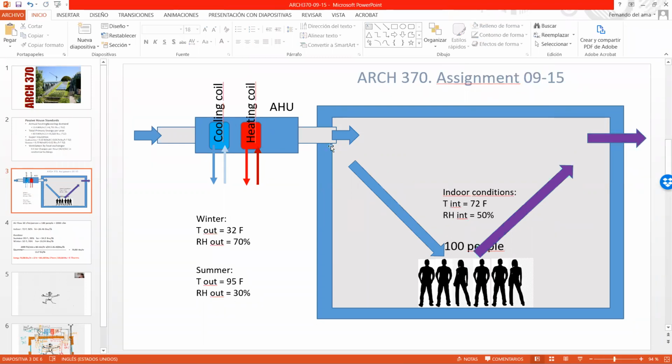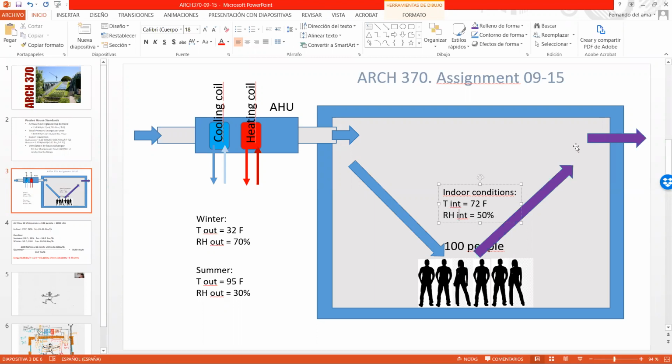We have fresh air, then the air becomes unhealthy, and then we have to get rid of it. But getting rid of it means that we are losing a lot of energy, because this air has a lot of useful energy, since the thermal conditions are good. Those are comfort conditions. The problem is that there are particles that we have to get rid of.